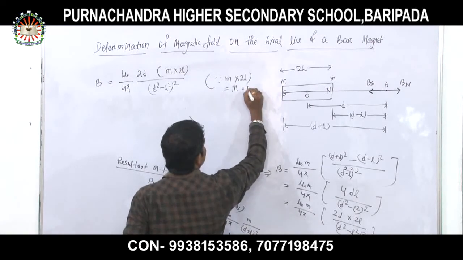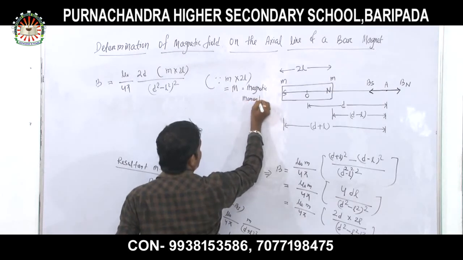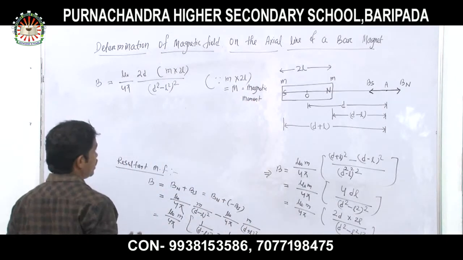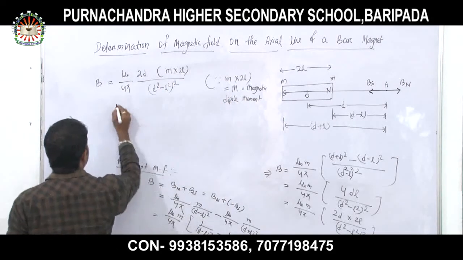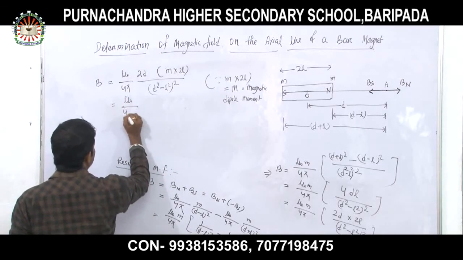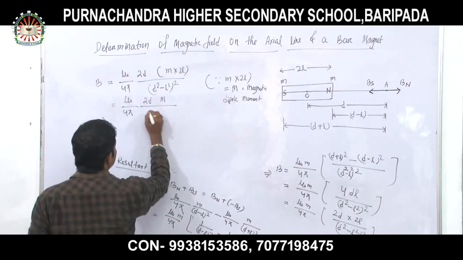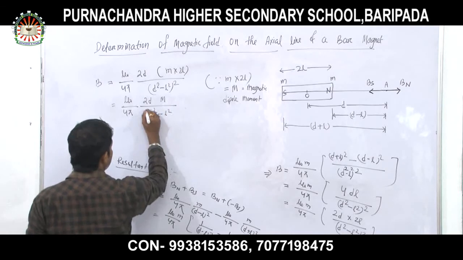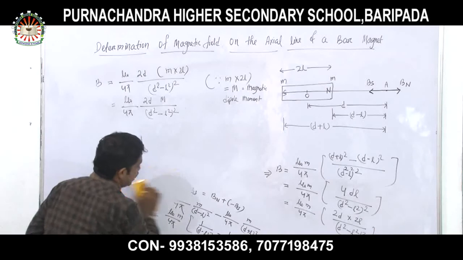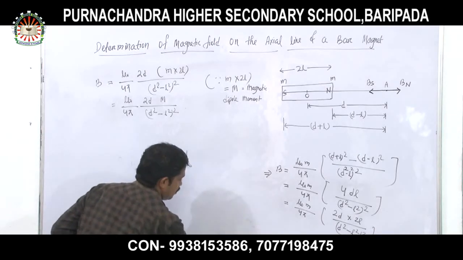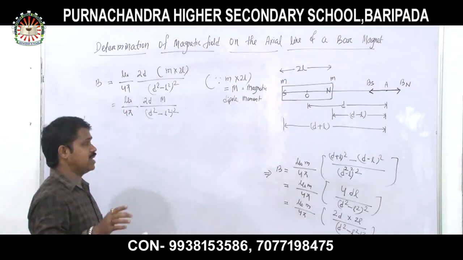Clear? Or you can say magnetic dipole moment. So now if I put the value here, mu 0 divided by 4 pi, this is 2D m divided by D square minus L square whole square. This much. So finally we get the expression of your magnetic field due to the bar magnet on the axial line at any point.